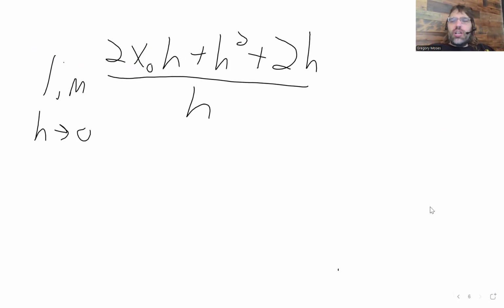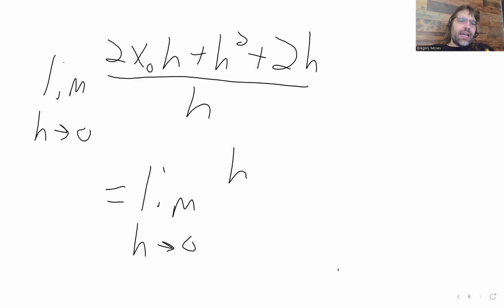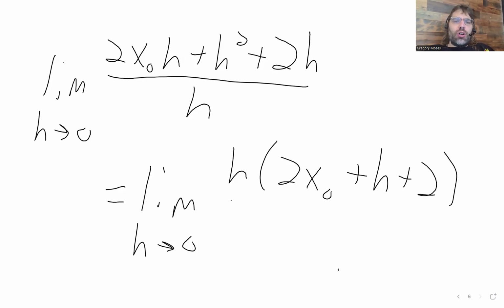I already told you, when I explained our goal, that I was hoping to be able to cancel an h. And we can pull an h out in the top: h times 2 x sub 0 plus h plus 2, all divided by h.